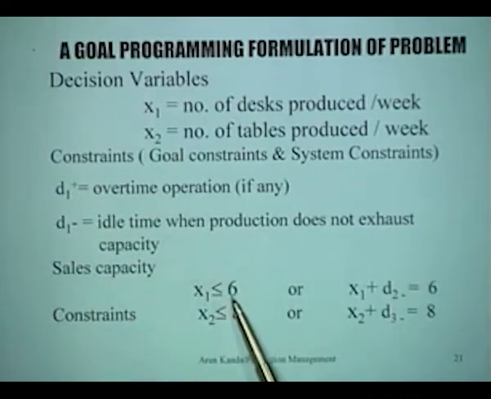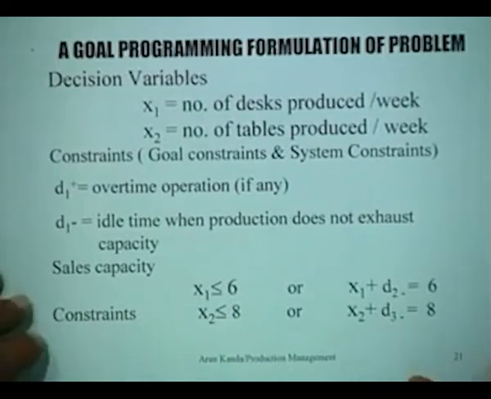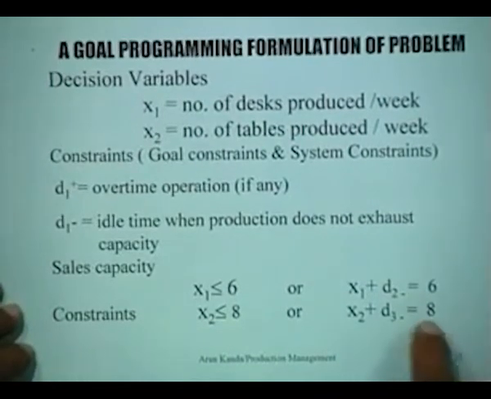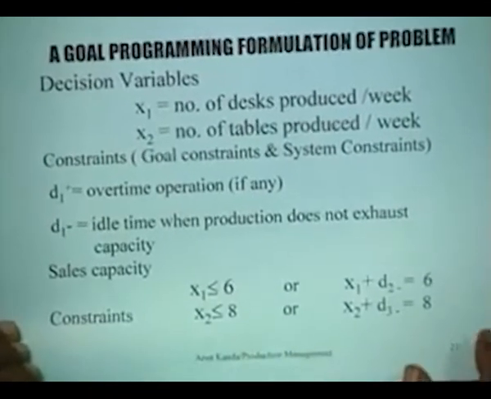So this is the sales restriction, x1 is less than 6, x2 is less than 8, or we can introduce here, like a slack variable, D2 minus as the undertime capacity, so this is equal to 6 and this would be equal to 8. So we have converted these two inequations into two kinds of goals using these deviational variables D2 minus and D3 minus.